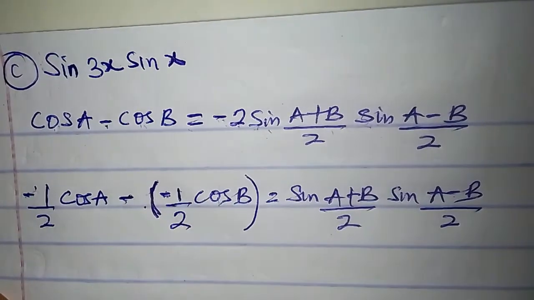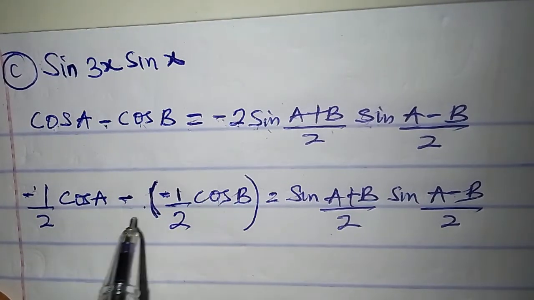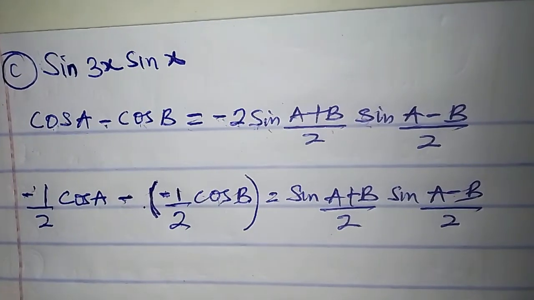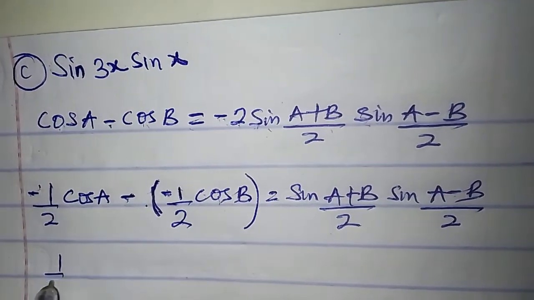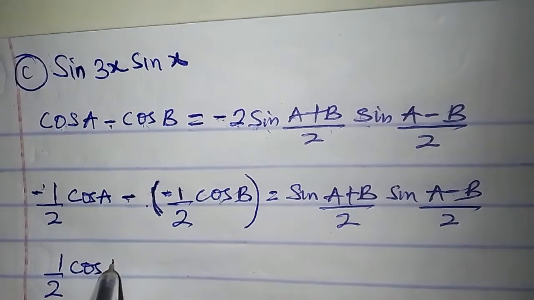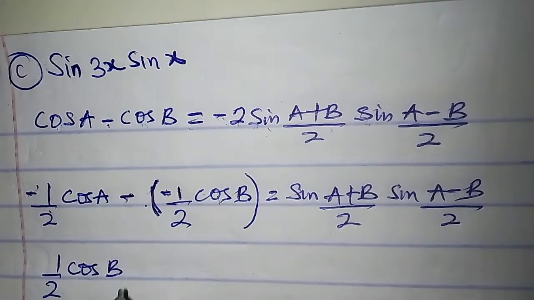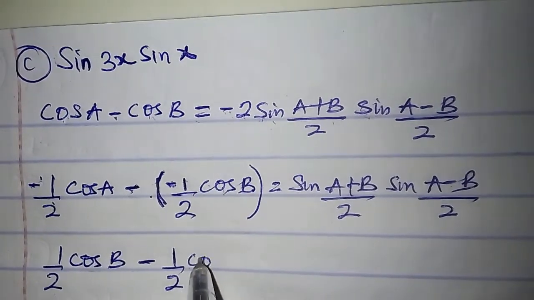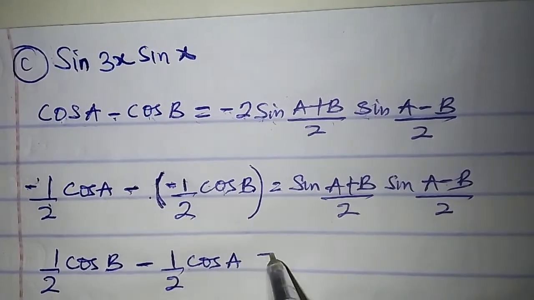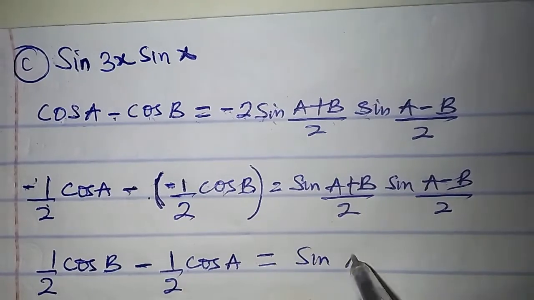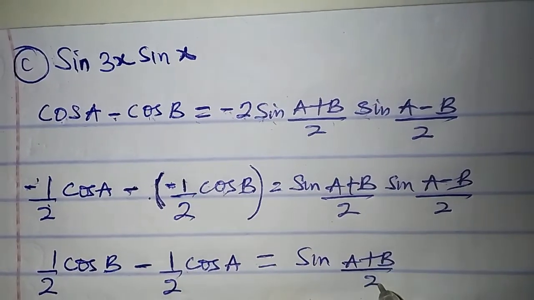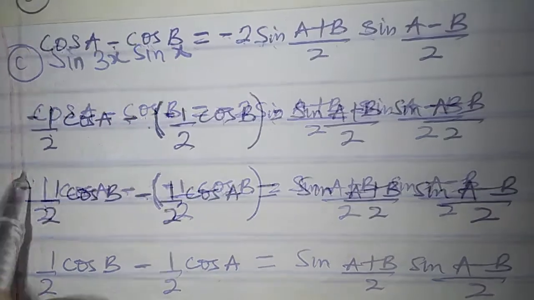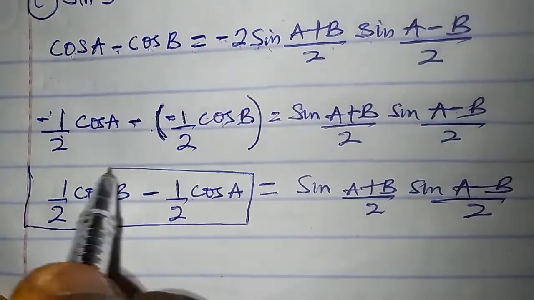Minus is a plus, okay? So we're having plus half cos B. So let me write that one first, since it is positive. Half cos B. Then this one that has minus equal to sine A plus B all over 2 sine A minus B all over 2. So our answer will look like this.